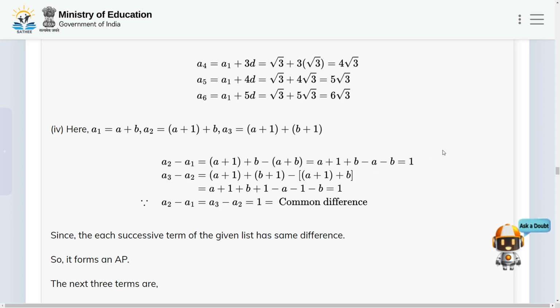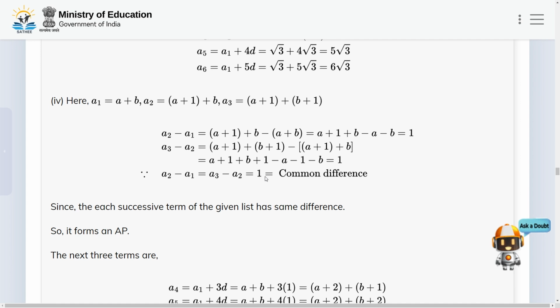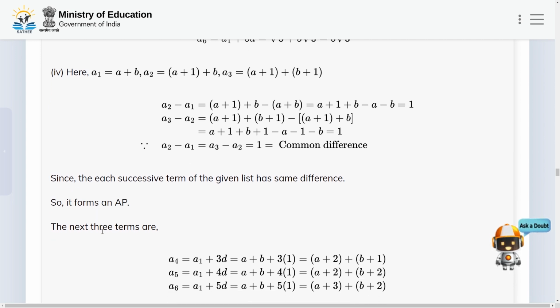So a2 minus a1 is equal to 1 when you simplify it. a3 minus a2 is also equal to 1. Since a2 minus a1 is equal to a3 minus a2, which is equal to 1, each successive term of the given list has the same difference, so it forms an AP.